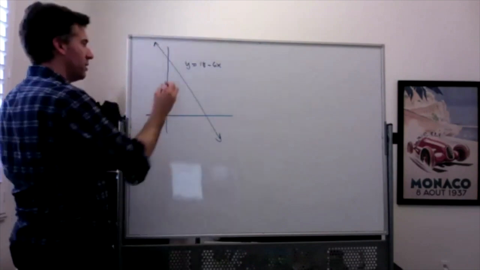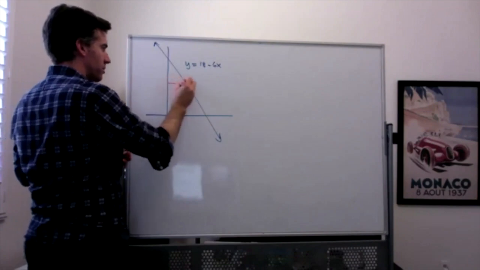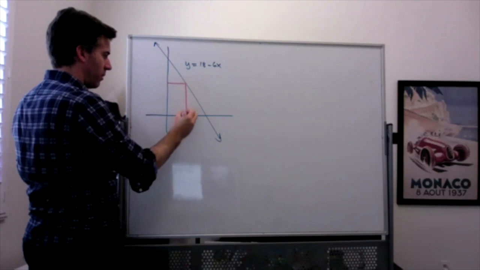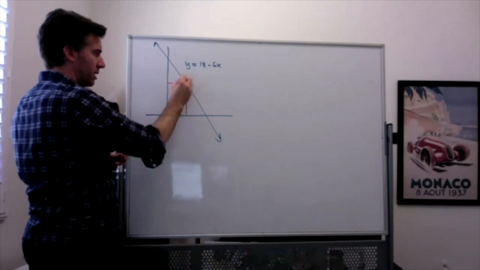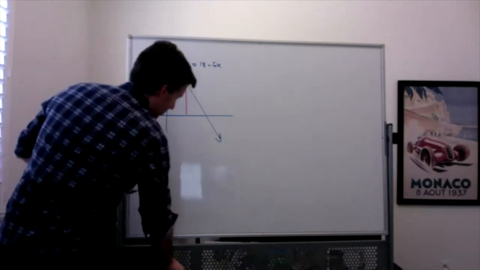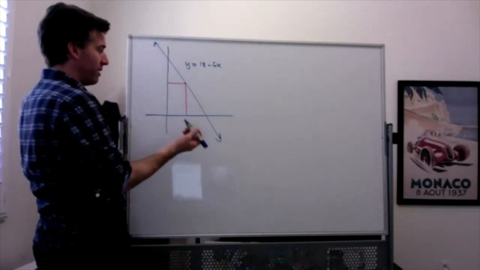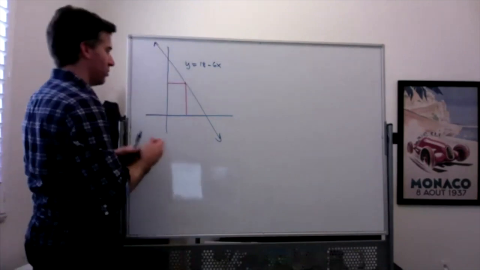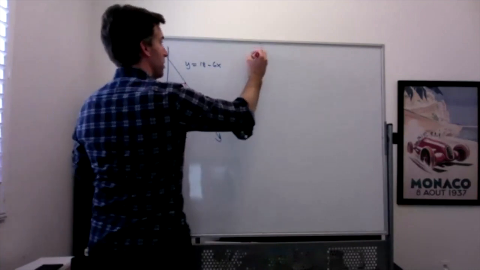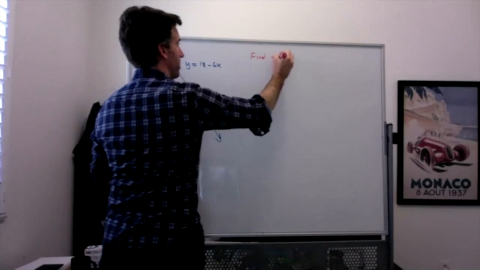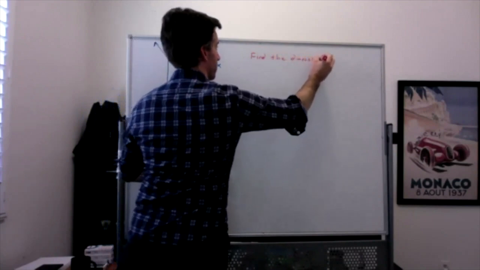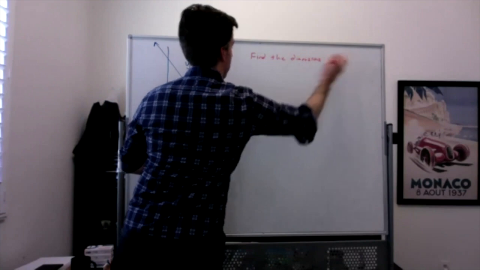And here is a rectangle in the first quadrant that's inscribed under the line, meaning its corner just touches the line right there. And so I want to actually read the question. So find the dimensions of the rectangle that maximize the area.